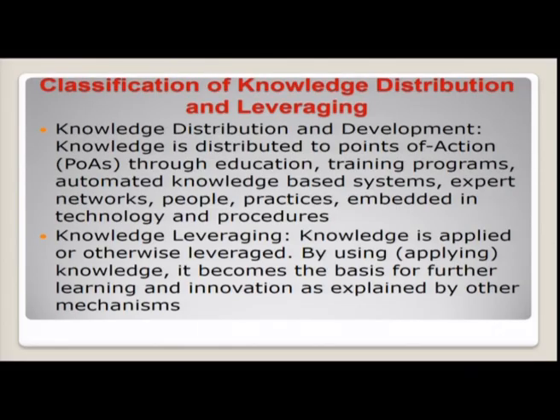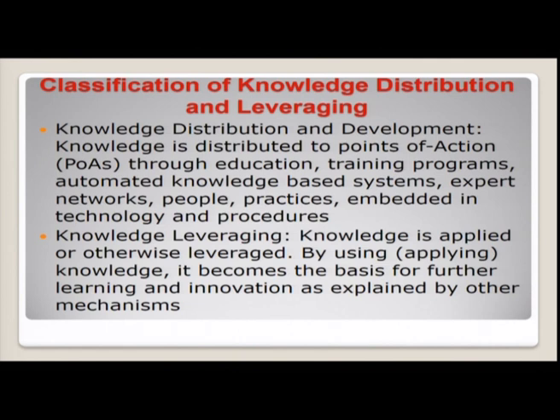to make it available to be useful. Now let us classify the knowledge distribution and knowledge leveraging. The knowledge is distributed to points of action, in short called POAs, through education, training programs, automated knowledge based systems, expert networks, people, and practices embedded in technology and procedures.